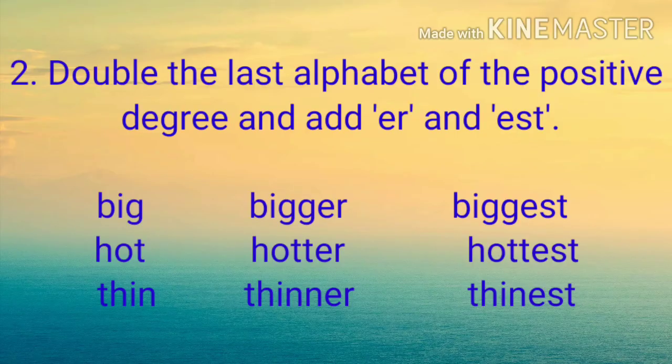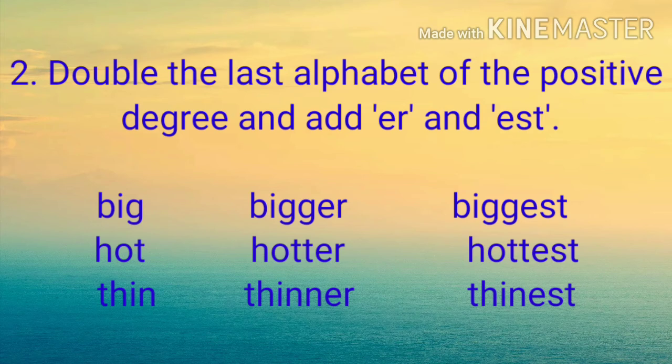Sometimes we double the last letter of our positive degree, when the last letter is a consonant and the letter before it is a vowel. Like big. In big, G is a consonant and I is a vowel.